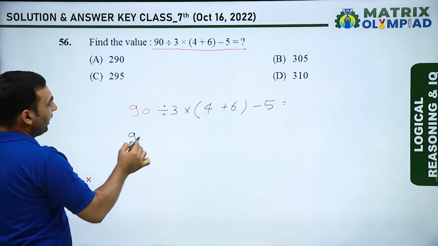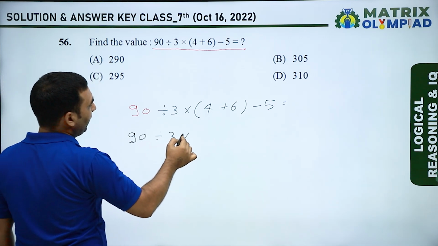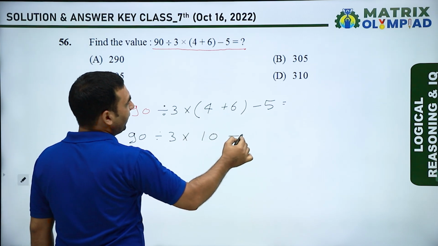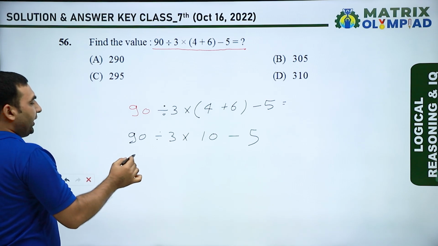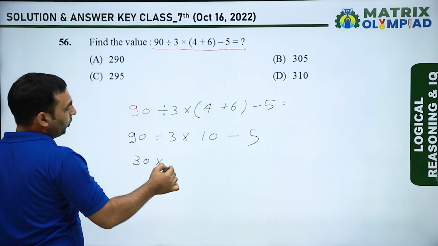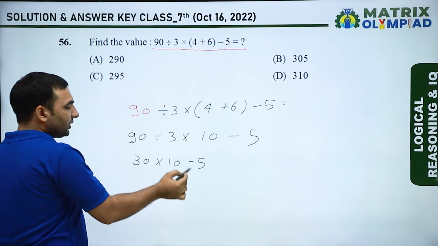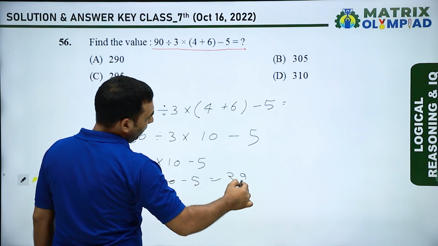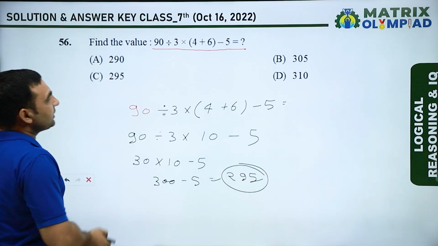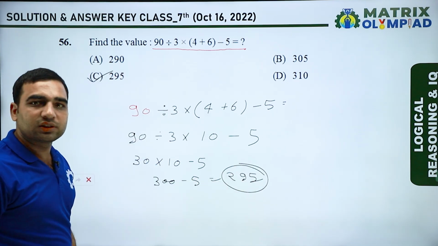Then 90 divide 3 into 4 plus 6, 10, minus 5. If we divide 90 by 3, 30 into 10 minus 5. 30 into 10 is 300, minus 5 is equal to 295. That is our answer. Option C is the correct answer.